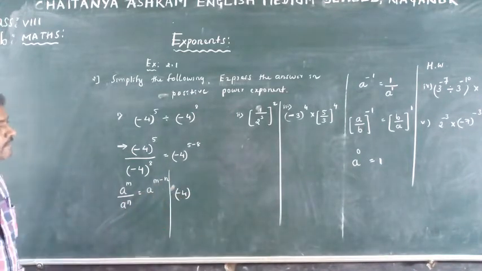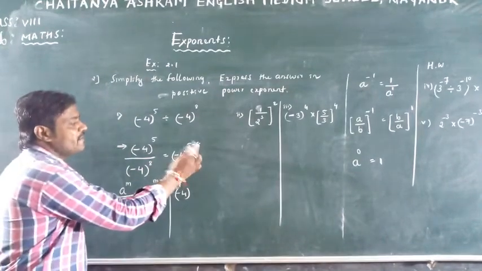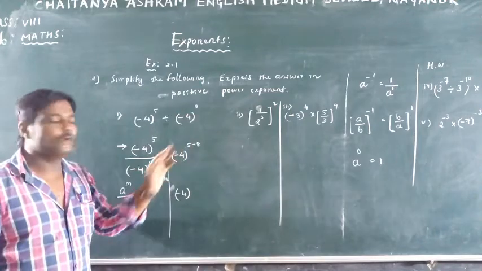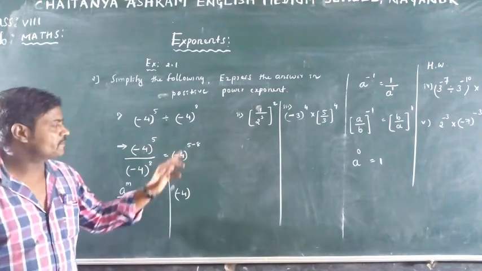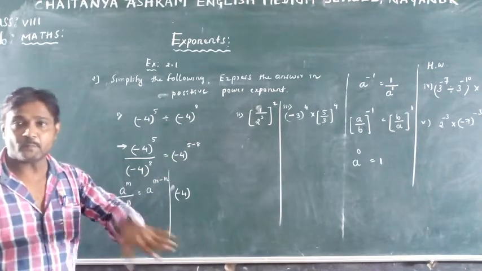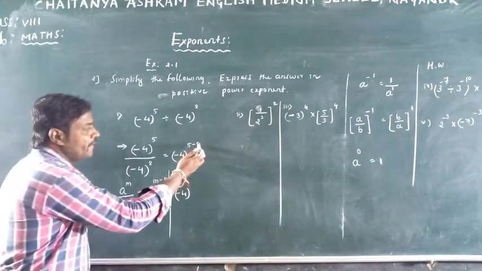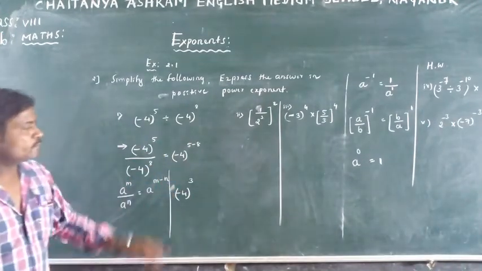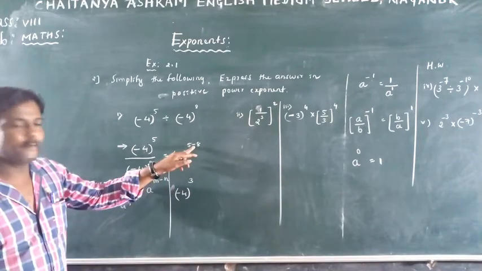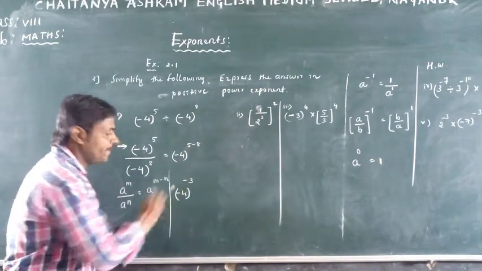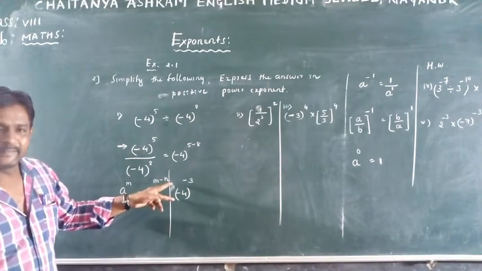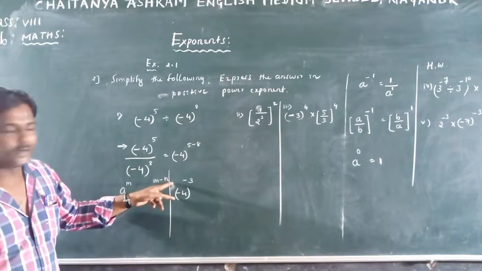Okay, then 5 minus 8. Subtracting 8 from 5 is not possible. Subtracting 5 from 8 is possible. So 8 minus 5 is 3. So the sign of the bigger number is negative. So put the sign negative. Clear? Now, this is by the second law of exponents.